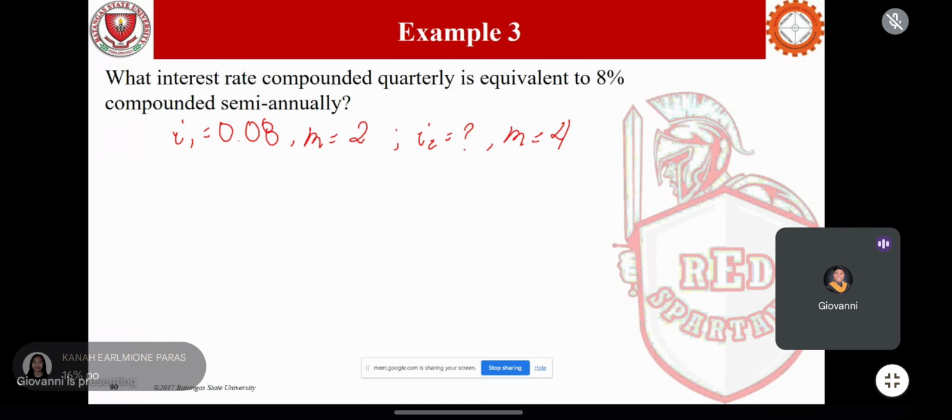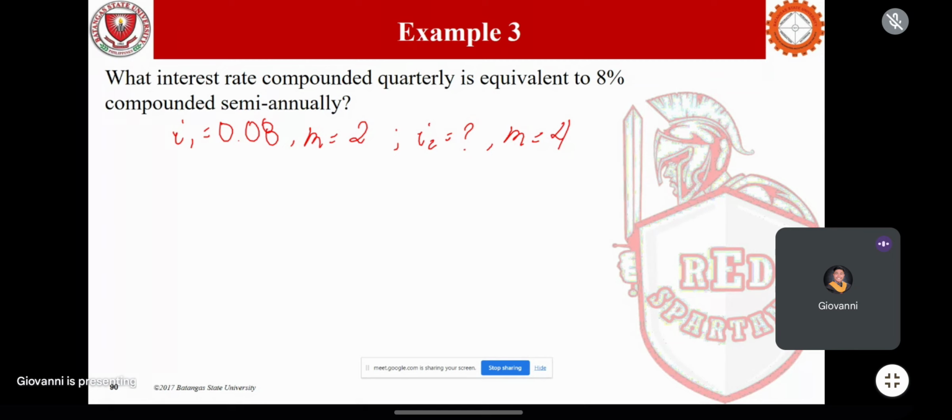Sige, paano nakuha yung ano? Anong ginawa mo, Christine? Bakit siya naging 2% naman? Sir, dinivide ko lang po yung 0.08 sa 4. 0.08 sa 4. Pero yung 0.08 ay ang compounding period niya ay semi-annual. So, hindi pwede.